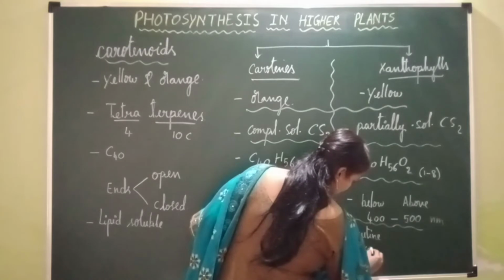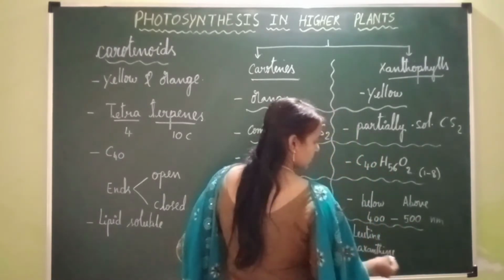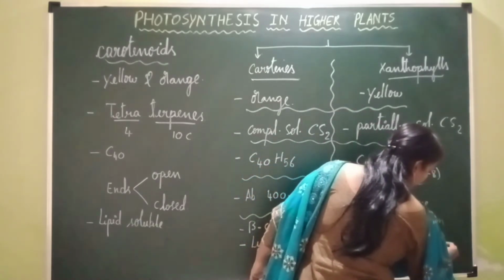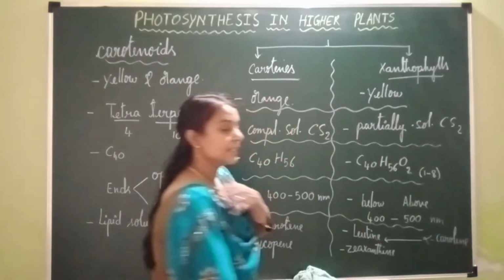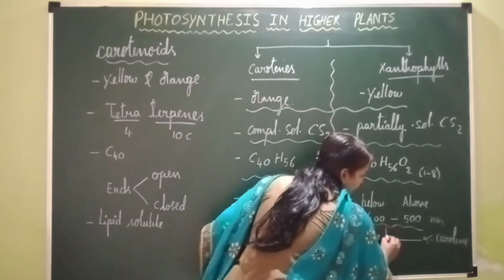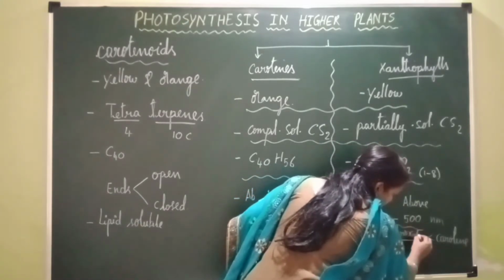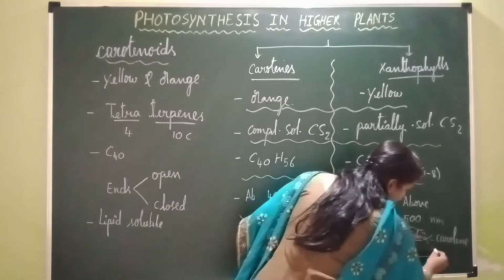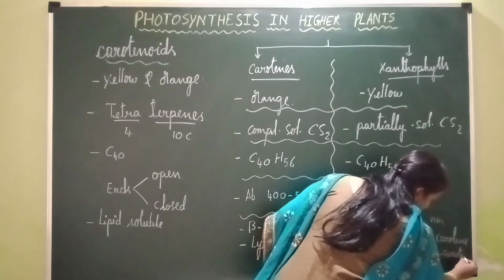Zeaxanthin is present in Zea mays, that is maize. Lutein is formed from alpha carotene by the process of hydroxylation, whereas zeaxanthin is formed from beta carotene by the same process, that is hydroxylation.